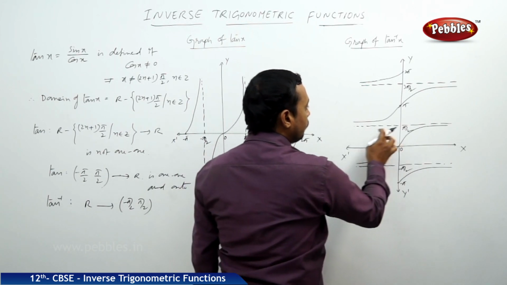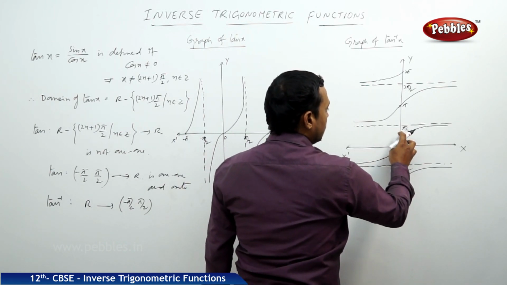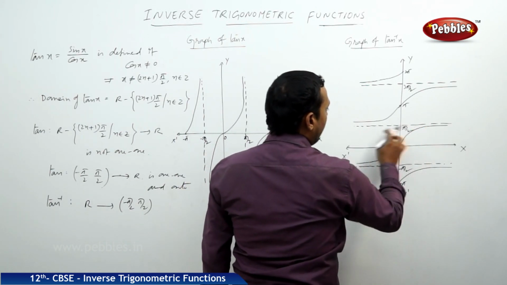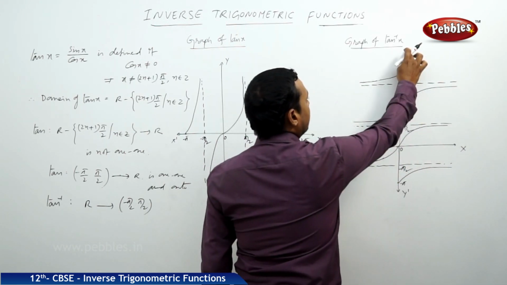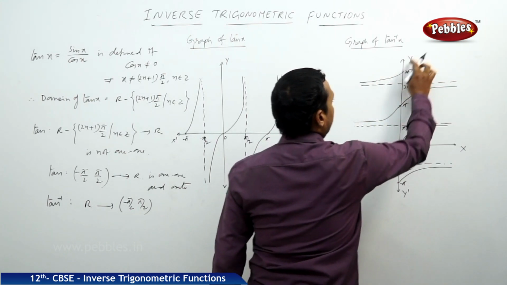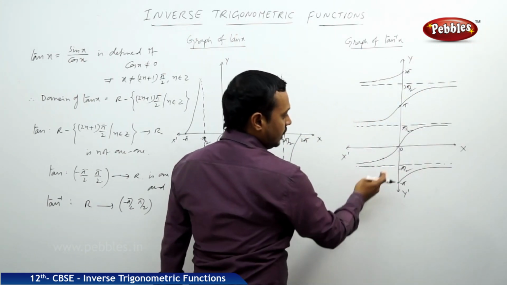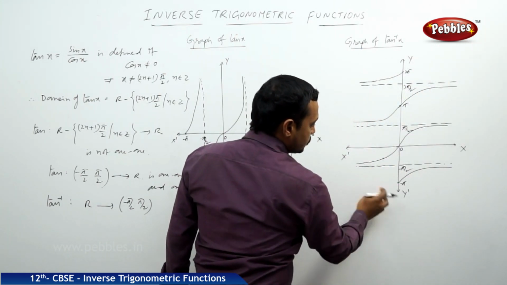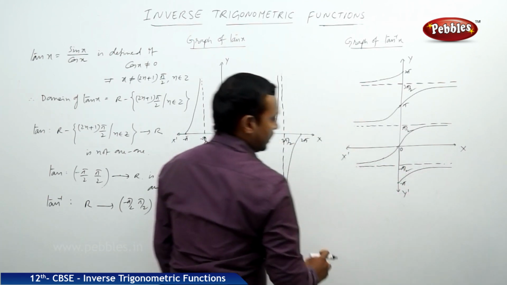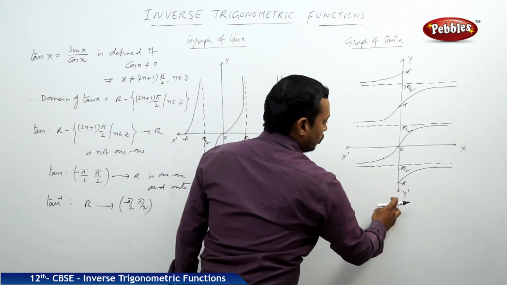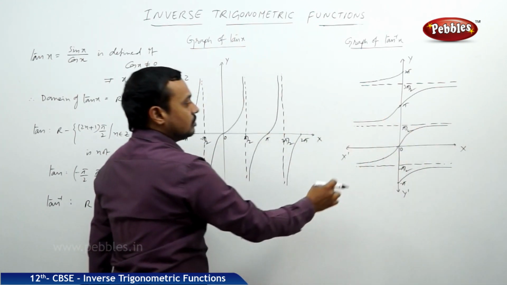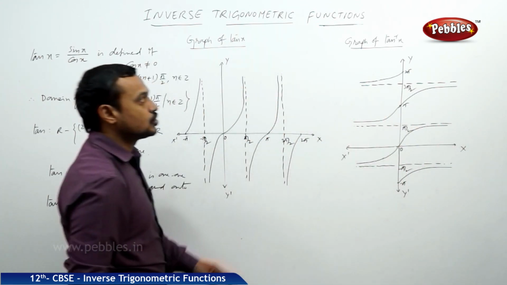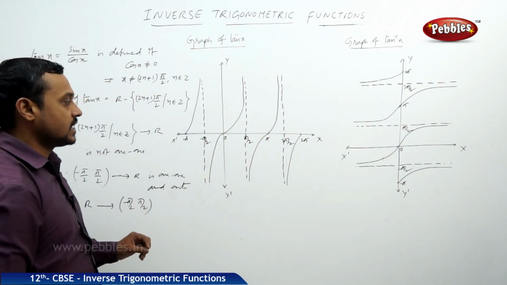So the graph of tan inverse x in this interval, pi to 3 pi by 2, is like this. When we take the interval 3 pi by 2 to 5 pi by 2, again it is like that, and if we take the negative values, it is like that, minus 3 pi by 2 to minus pi by 2, in the same way as minus pi by 2 to pi by 2. So that is the graph of tan inverse x.